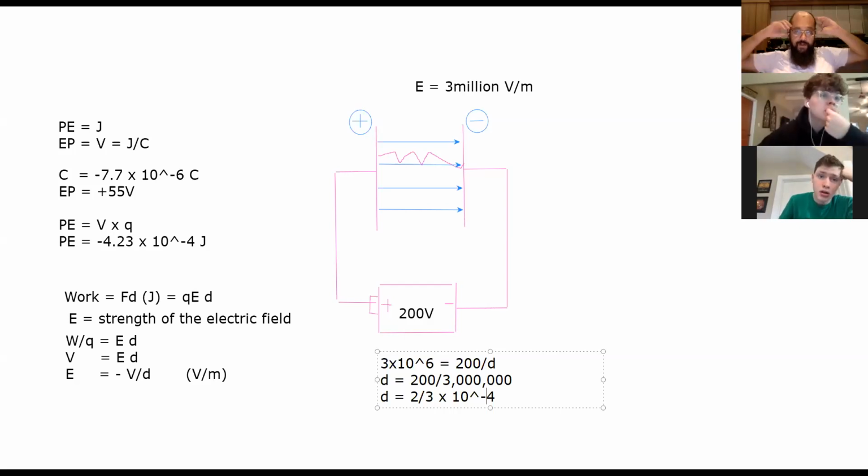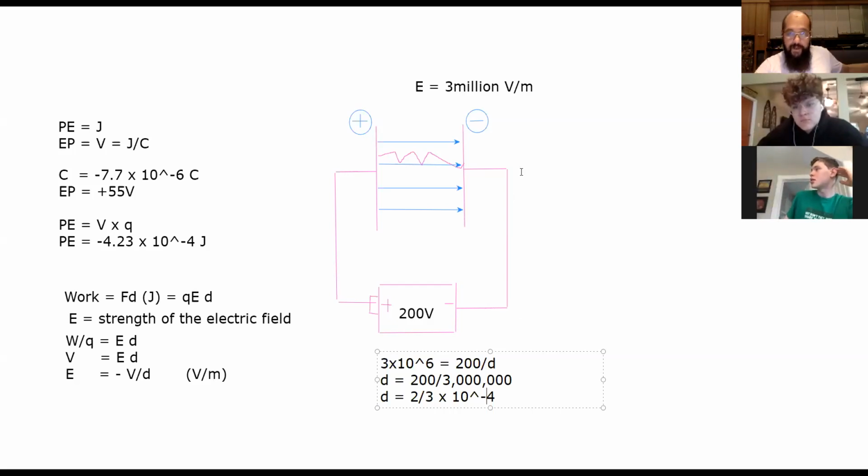This is actually one of the problems that they have when you make a capacitor: if you get the plates too close together, they will not build up charge. So one of the things that they do is find other substances to stick between them that have a higher than 3 million volts per meter.